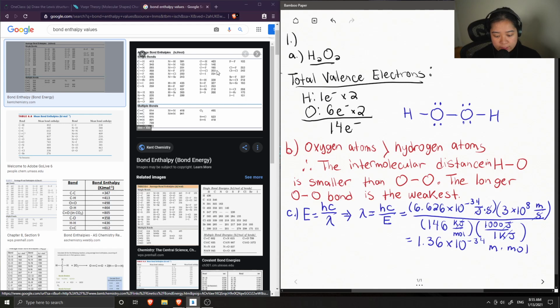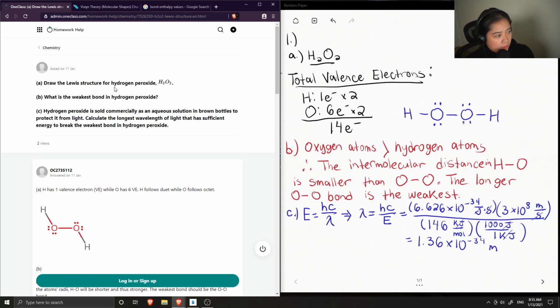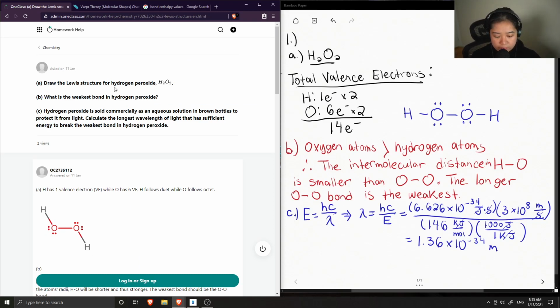So now I have an answer that is in meters, but because it is in moles, I want to get rid of that and figure out the energy to break the weakest bond in hydrogen peroxide.